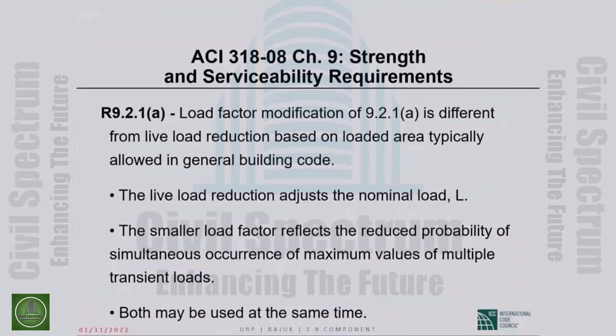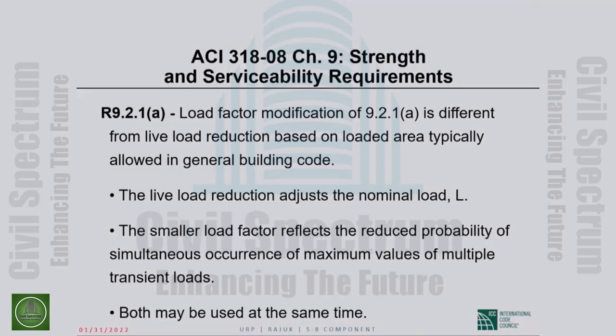Now, not our office, ACI 318 as a committee got a significant number of inquiries about what I just talked about. Live load is allowed to be reduced, as we will see.